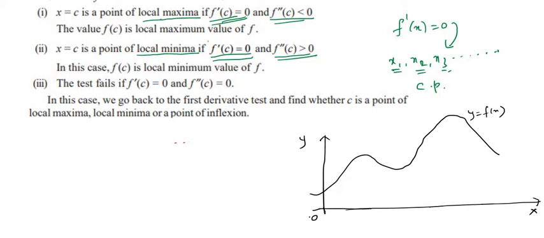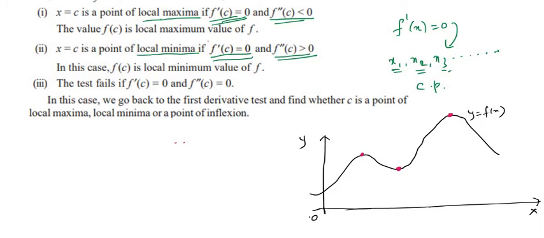Now see here, this is the curve y equal to f of x. Here, the first one, x equal to x1, is a point of local maximum. From here I get some points. This point I am marking is a point of local minimum. From the graph we can easily say which are the points of local maximum and which are the points of local minimum.